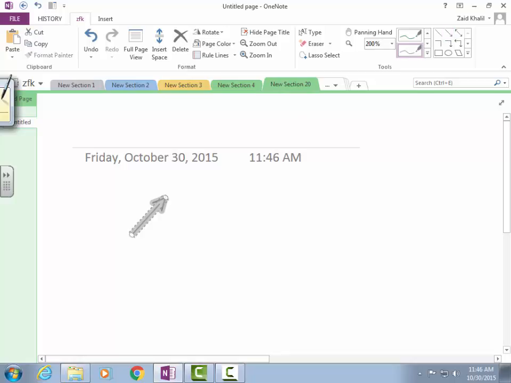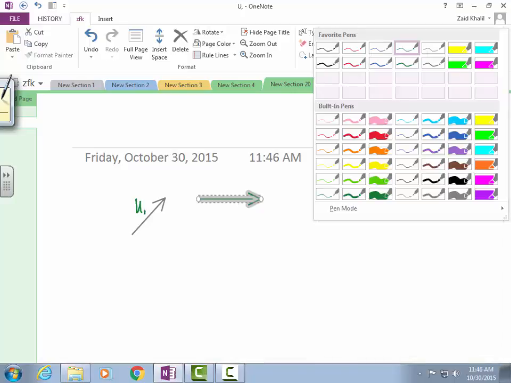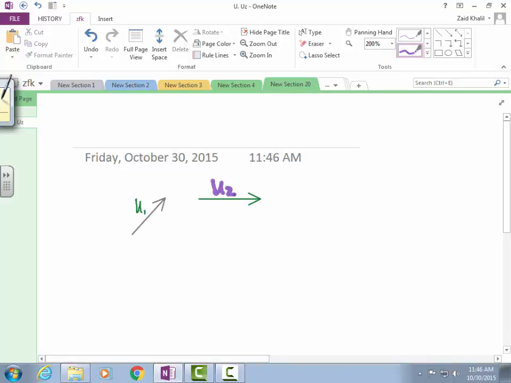Vector u, call it u1, u2, u3, and I don't know, u4.